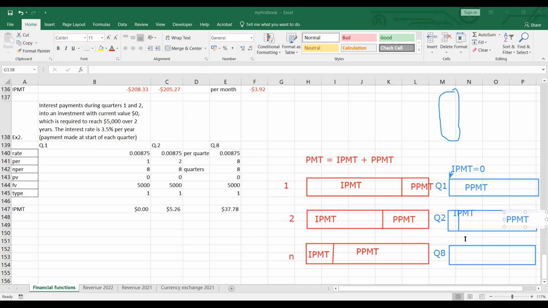And when the time goes by, for the last quarter, the interest that you will receive is more.